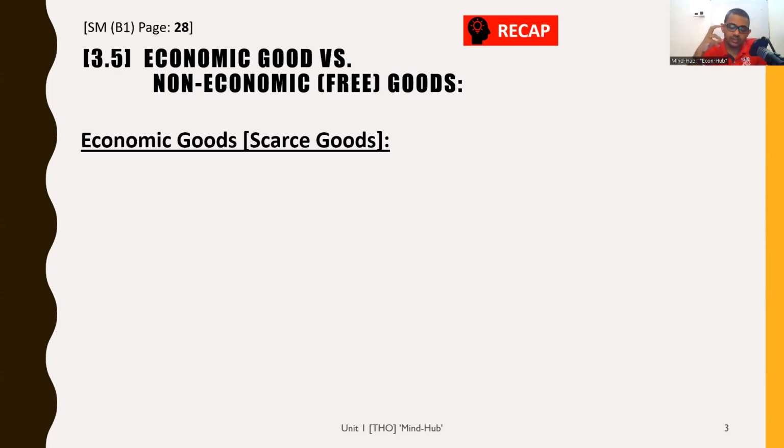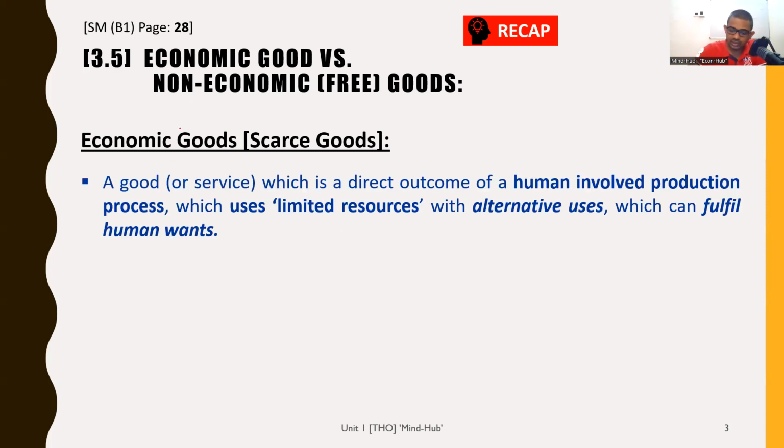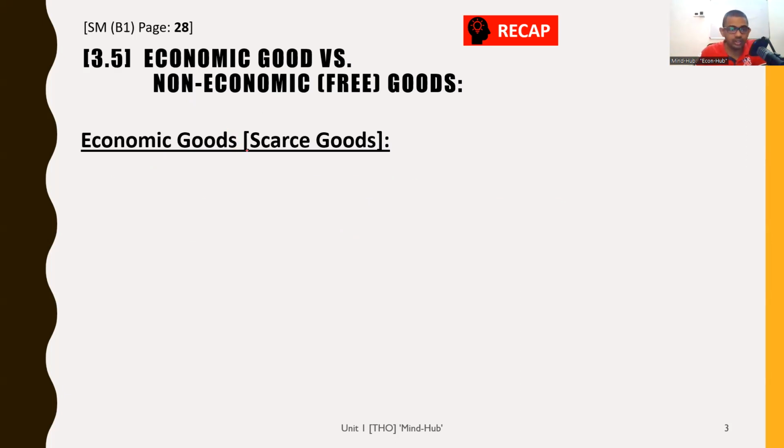Last week we said that there is something that needs to come to the very front of this. There's something we always think about first when we think about an economic good. That's a really good way to know what an economic good is, because it helps a lot when you answer questions. So let me illustrate that a bit.